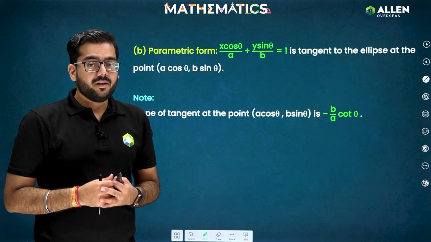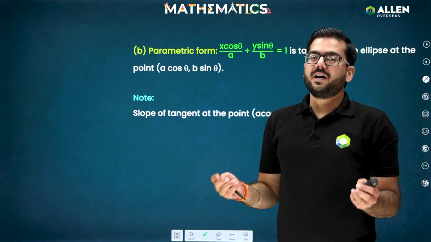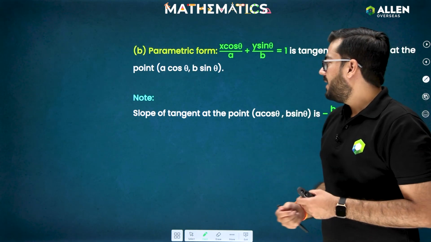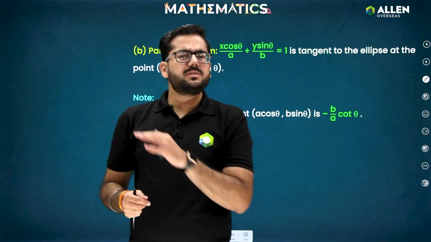Now the second one is parametric form. For the parametric form, we should have an idea about the parameter, and the parameter is a cos theta and b sin theta on the ellipse, right? Again, I would like to do the same thing.